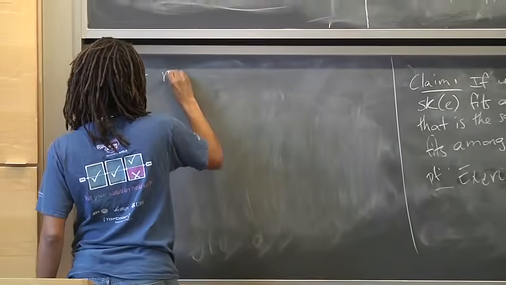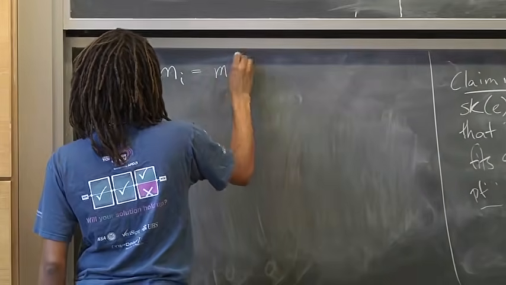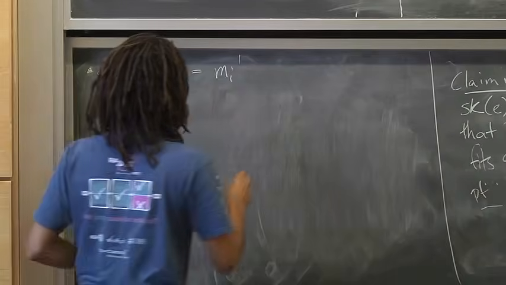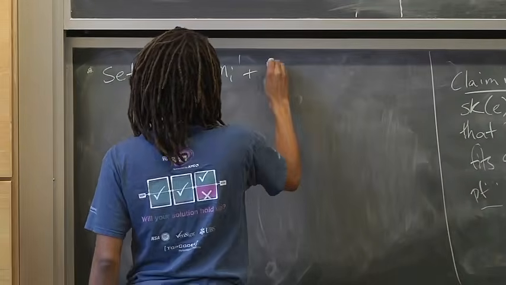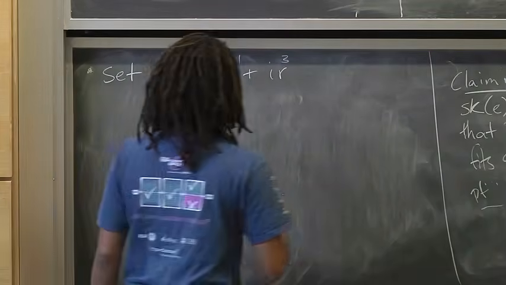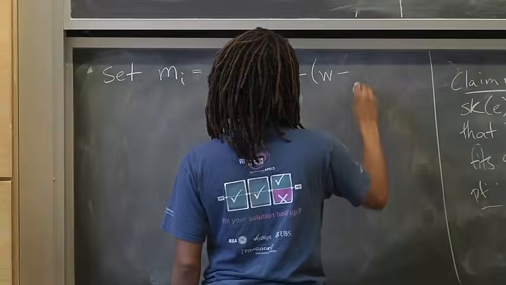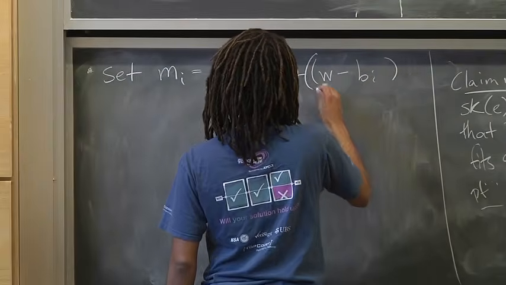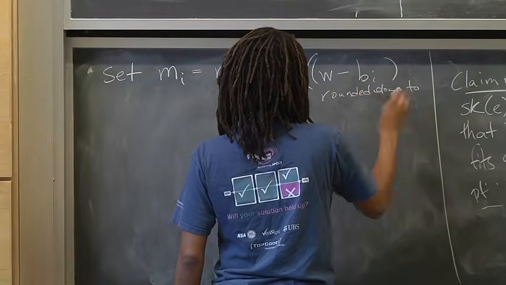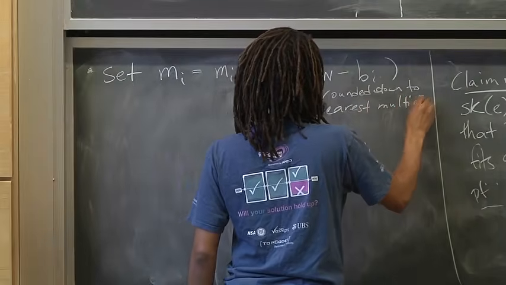We'll set mi to equal mi prime, plus i times r cubed, plus w minus bi rounded down to the nearest multiple of r cubed.